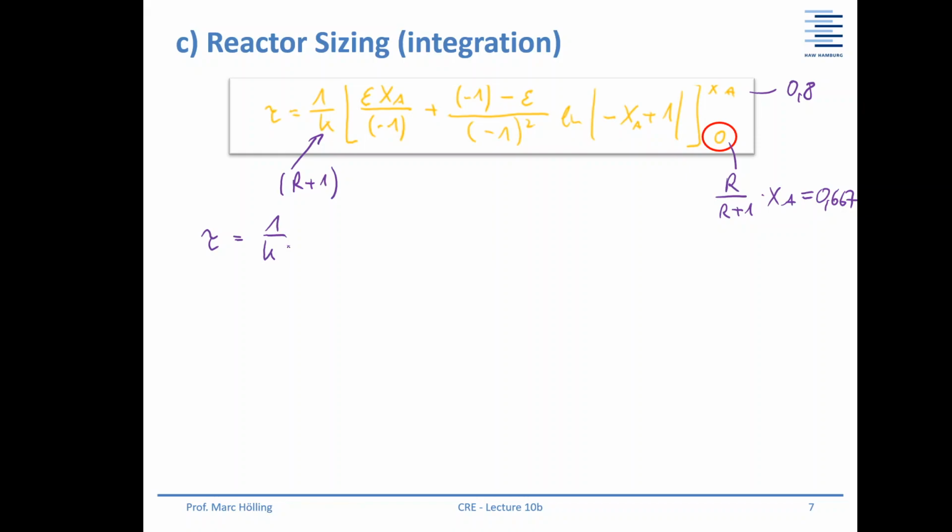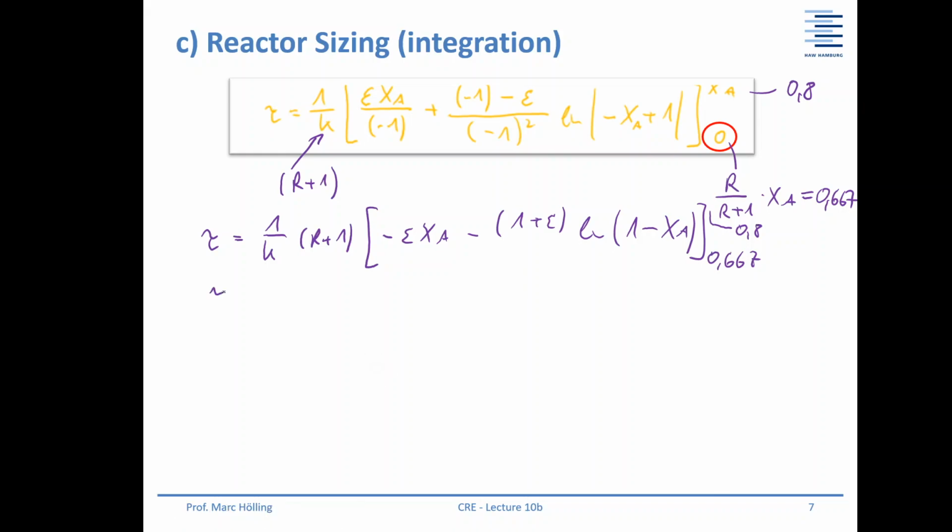Tau is 1 over k times R plus 1, and then it's minus epsilon xa minus 1 plus epsilon ln 1 minus xa, and this should be in the range 0.667 and 0.8.